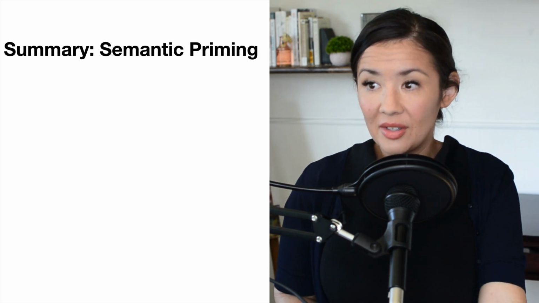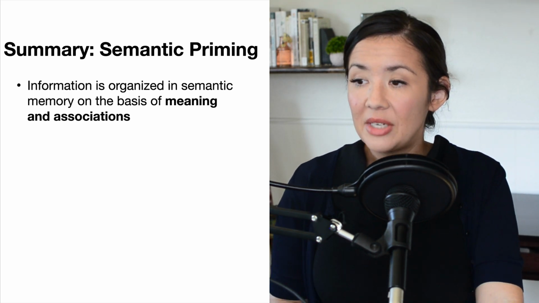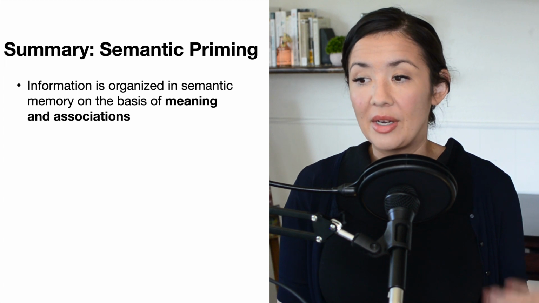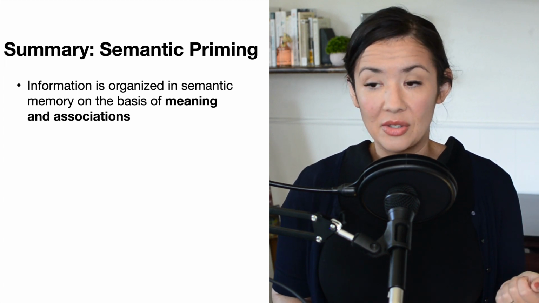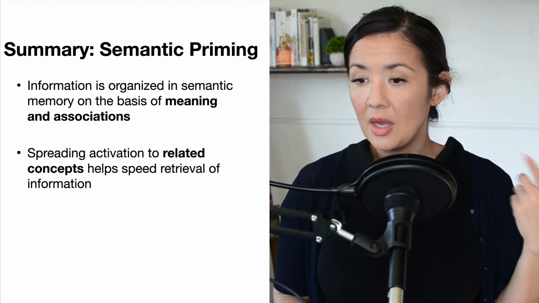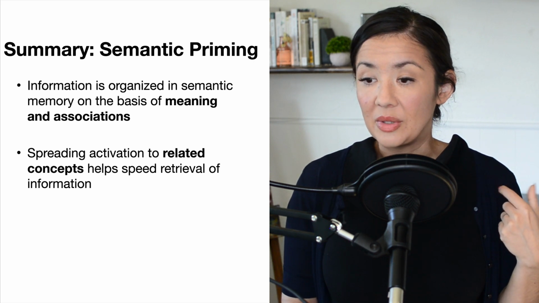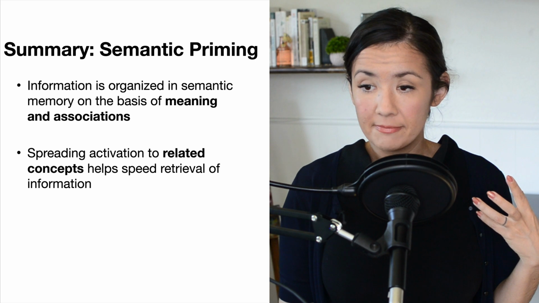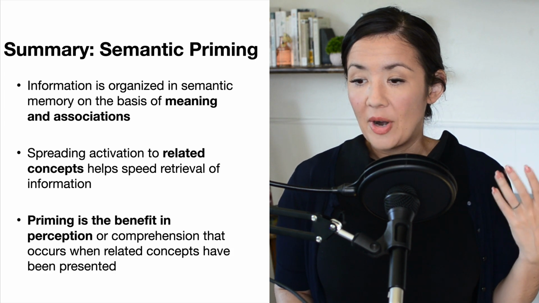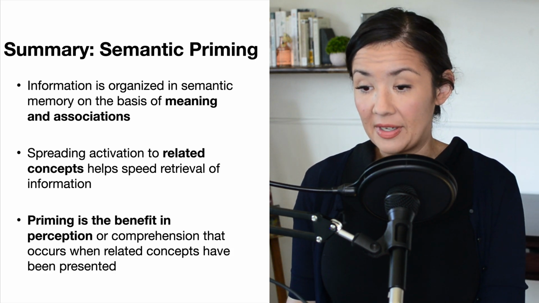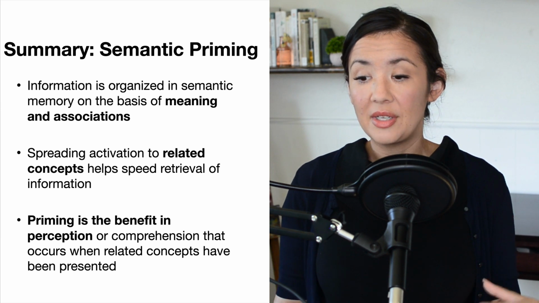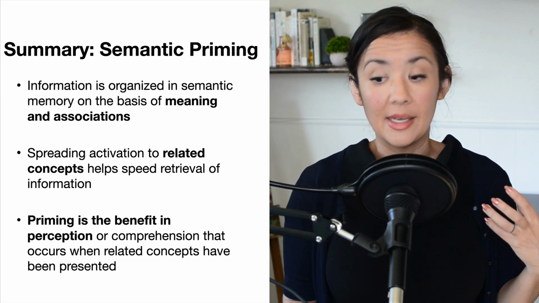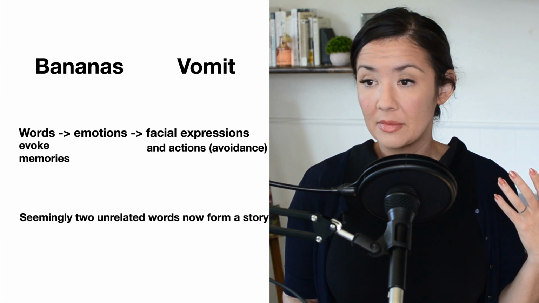Okay, summary here of semantic priming is that information is organized in semantic memory on the basis of meaning and associations. Spreading activation to related concepts helps speed retrieval of information. And that priming is the benefit of perception or comprehension that occurs when related concepts have been presented.